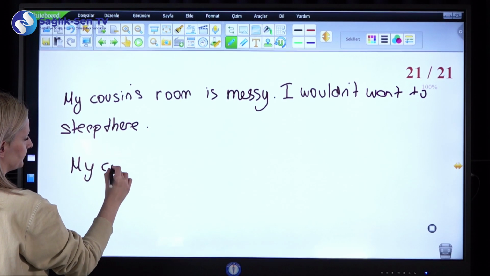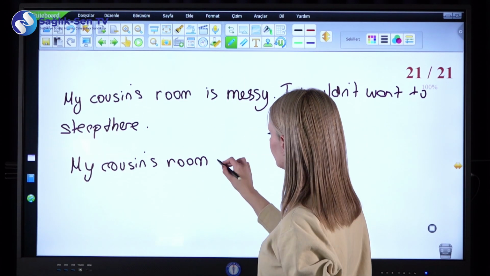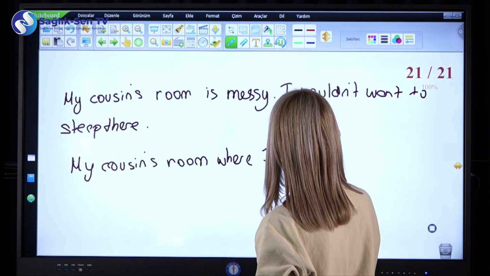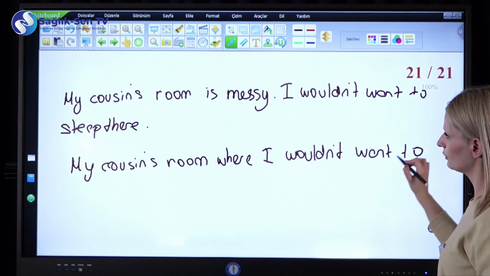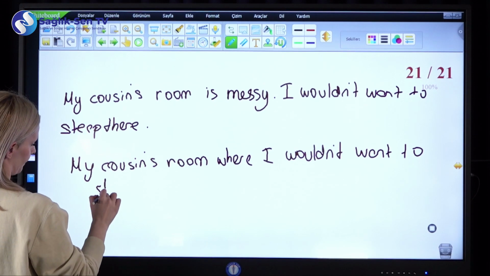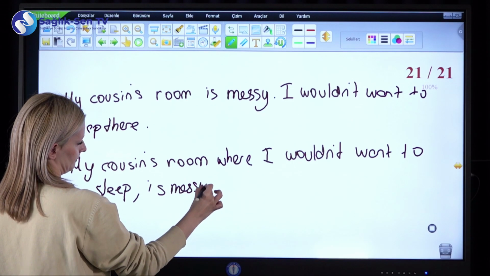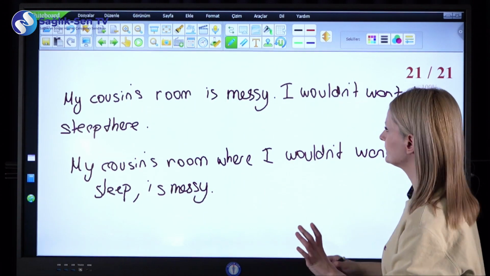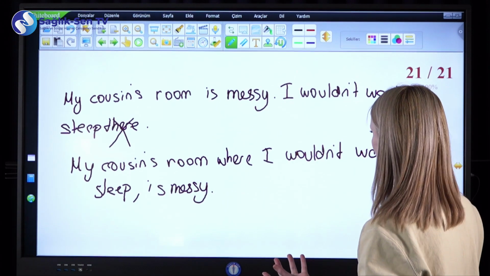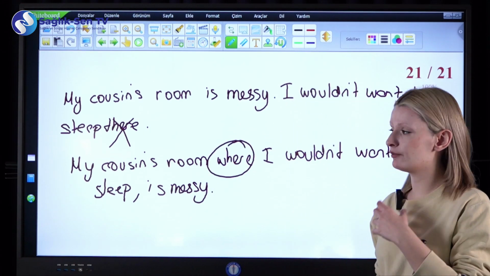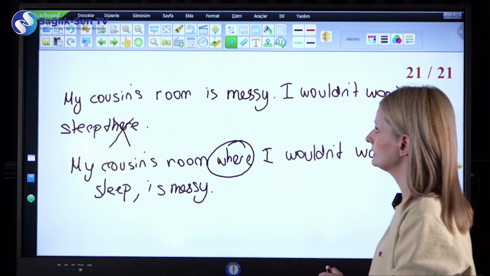My cousin's room, where I wouldn't want to sleep, is messy. Again, I omitted there because the job of where is already to give that meaning. My cousin's room, where I wouldn't want to sleep, is messy.